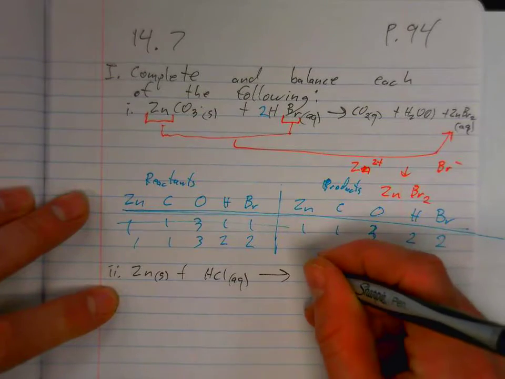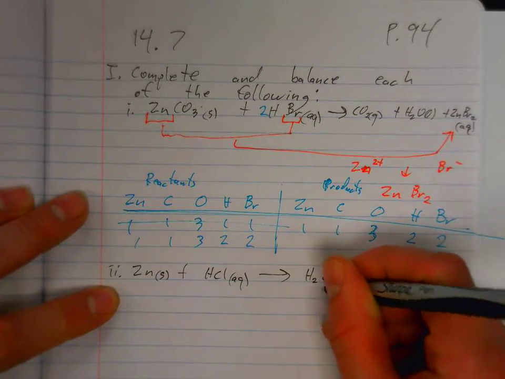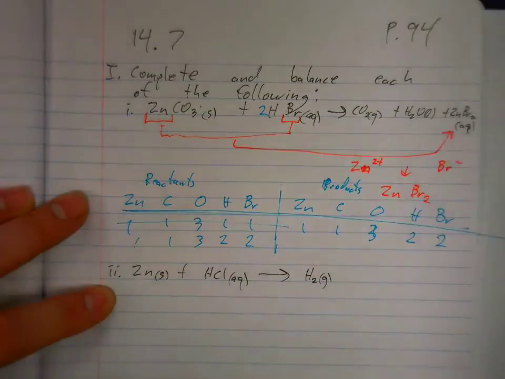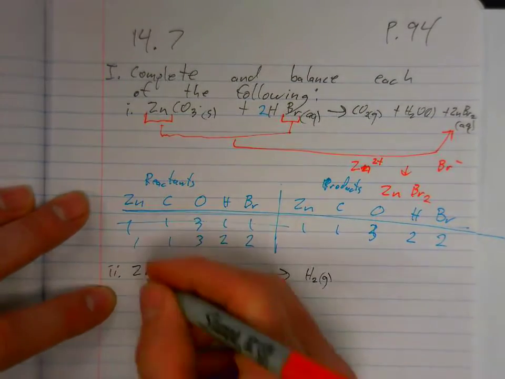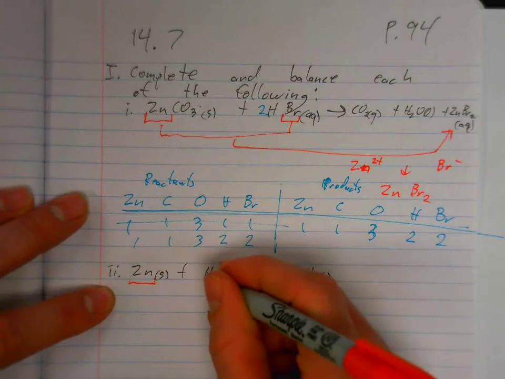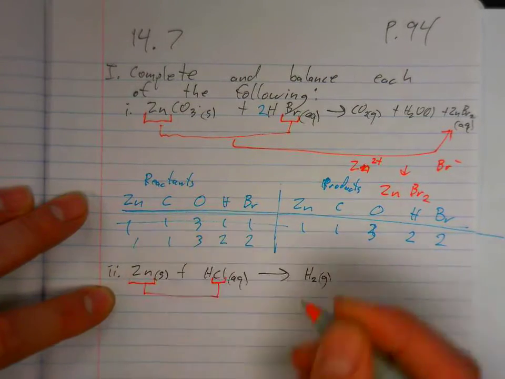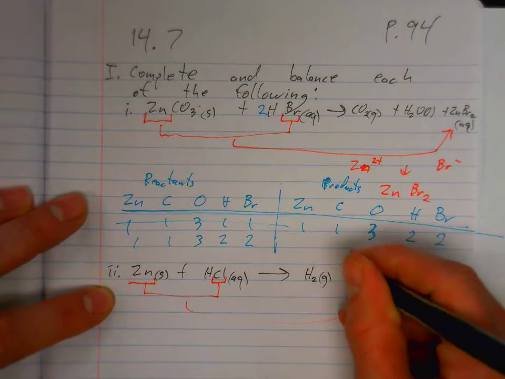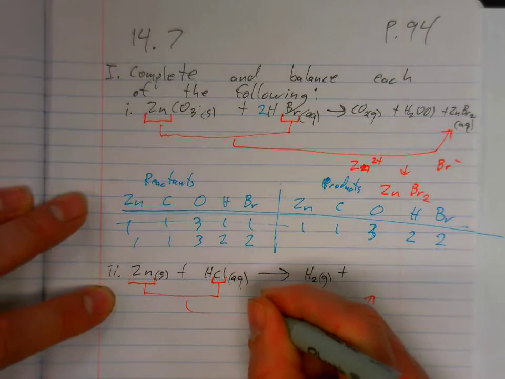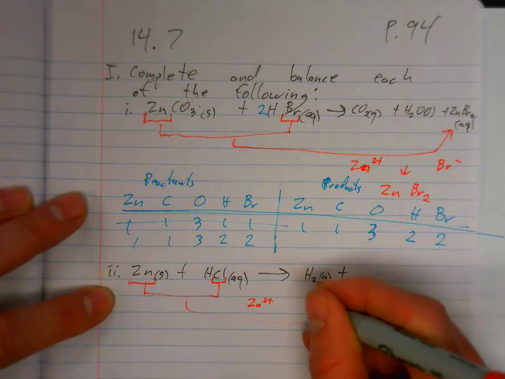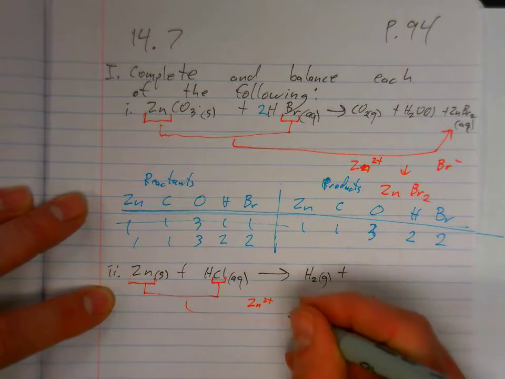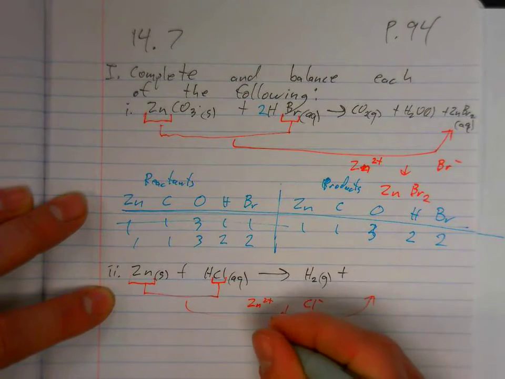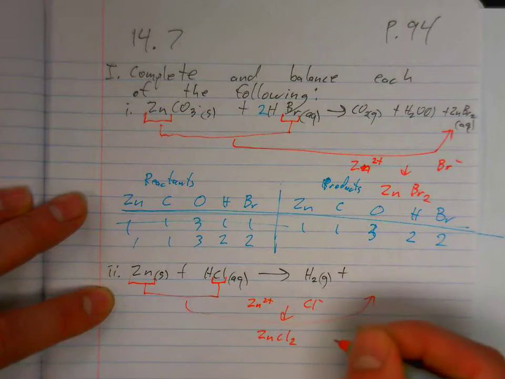So we know that this will produce hydrogen gas, and the salt that forms is the combination of the metal and the anion from the acid. So we have zinc 2 plus combining with Cl minus, and that's going to form the combination ZnCl2.